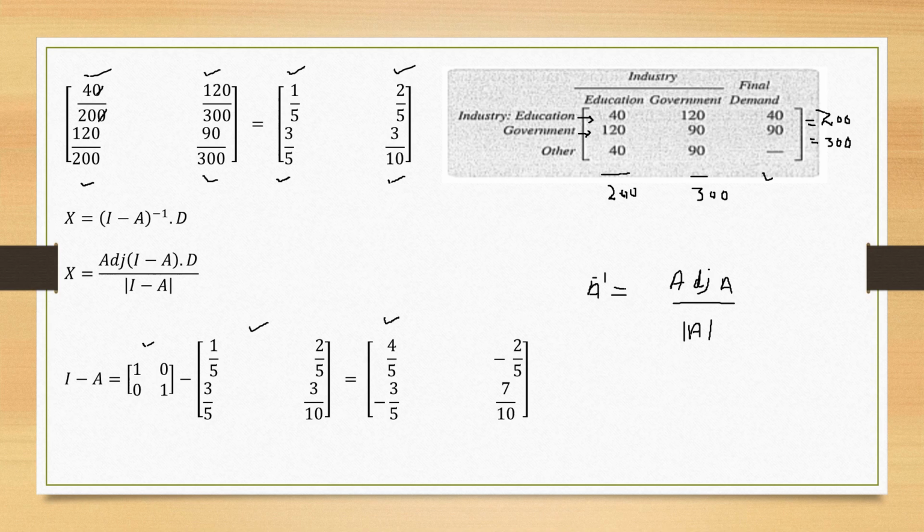The second element is 0 minus 2 by 5, which is minus 2 by 5. The third element is 0 minus 3 by 5, which is minus 3 by 5. The fourth element is 1 minus 3 by 10, which is 7 by 10.